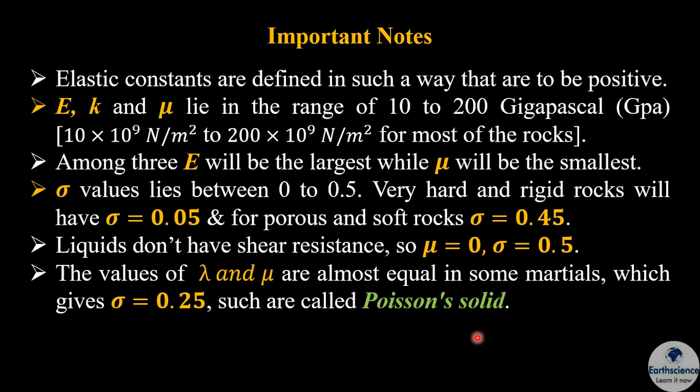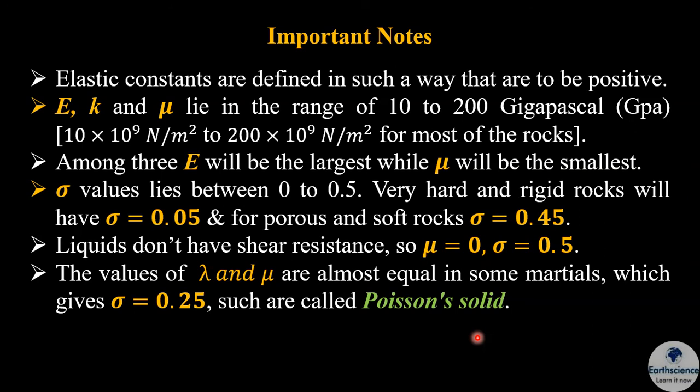So, what are the important notes we note down here? Elastic constants are defined in such a way that they are to be positive. E, K, and mu, the Young's modulus, bulk modulus, and shear modulus, lie in the range of 10 to 200 gigapascals.